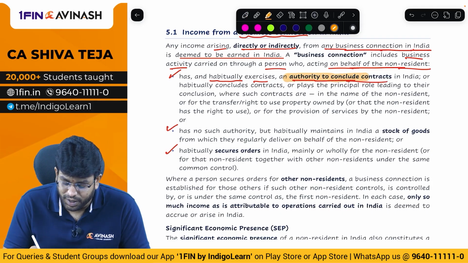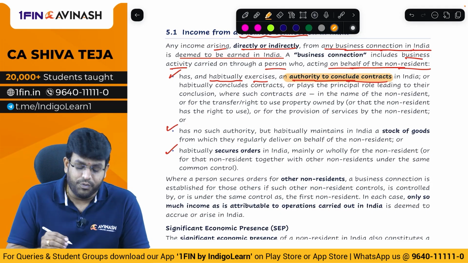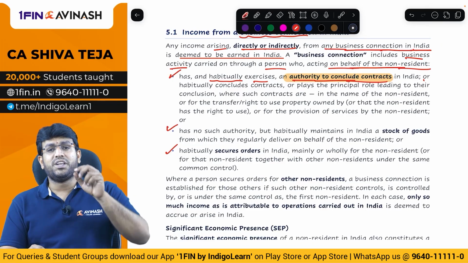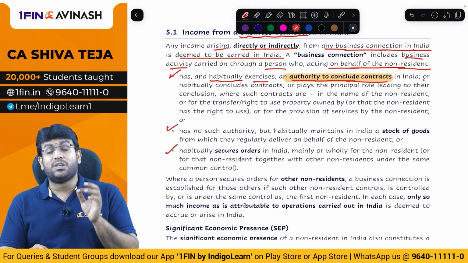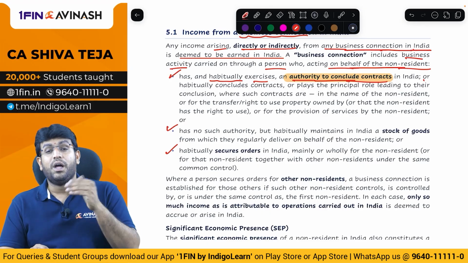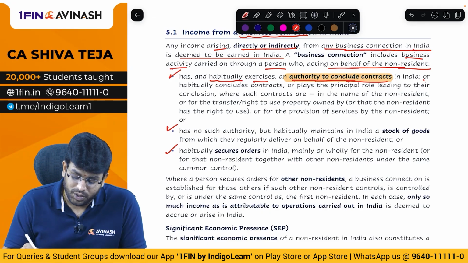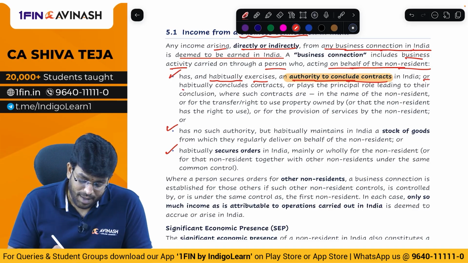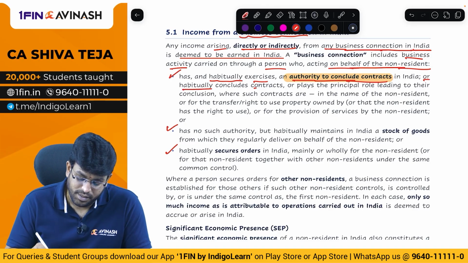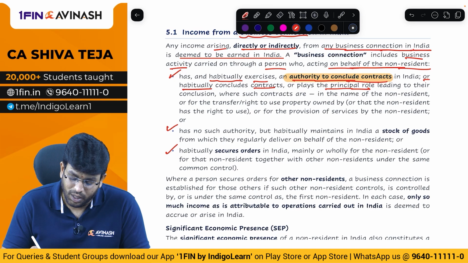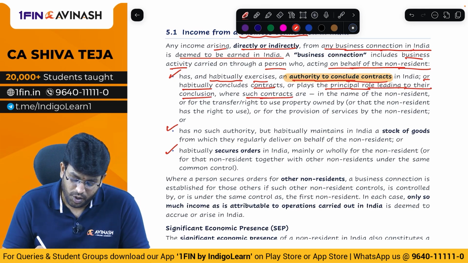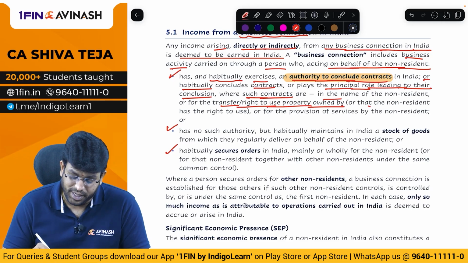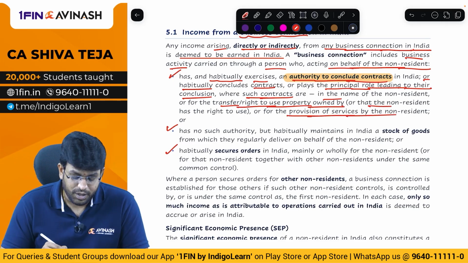Very, very important word. There is an agent in India for the non-resident, and that agent in India is concluding the contracts on behalf of the non-resident. Has an authority to conclude contracts in India, or habitually concludes contracts, or plays the principal role leading to their conclusion, where such contracts are in the name of the non-resident, or for the transfer or right to use property owned by the non-resident, or for provision of service by the non-resident.